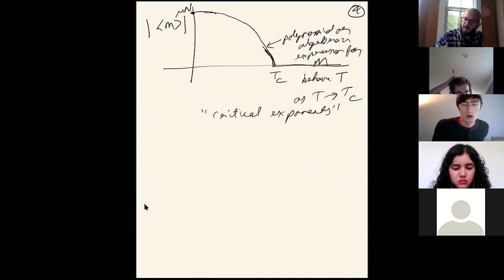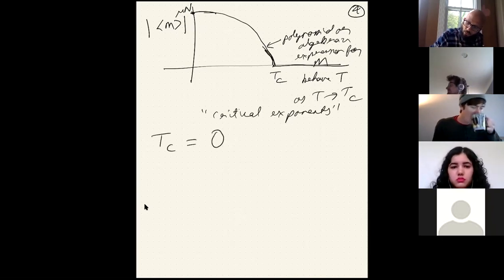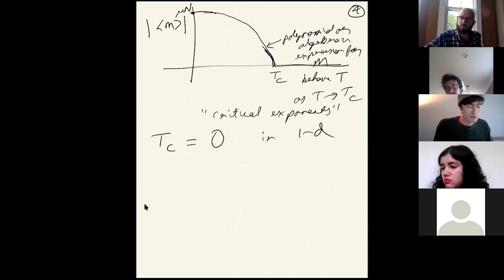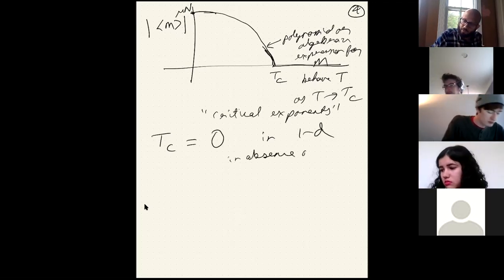So the claim that I'm making today and made last time is that critical temperature is equal to zero in one dimension, in absence of external magnetic field. This is a very intriguing statement.